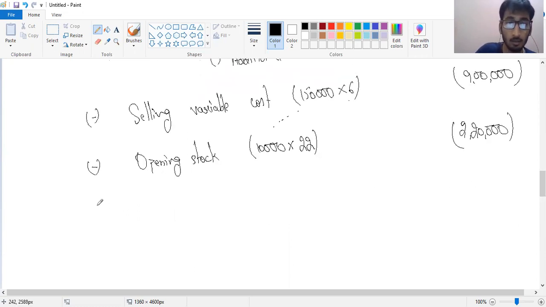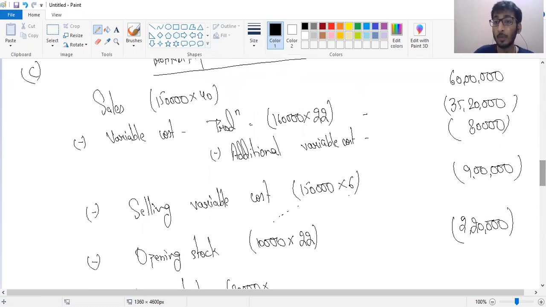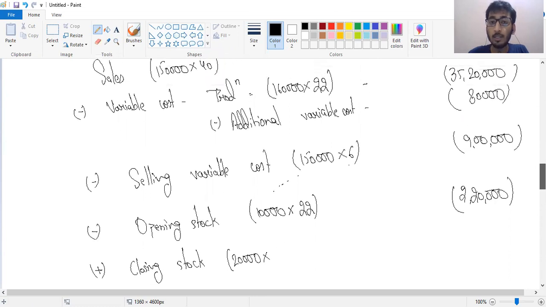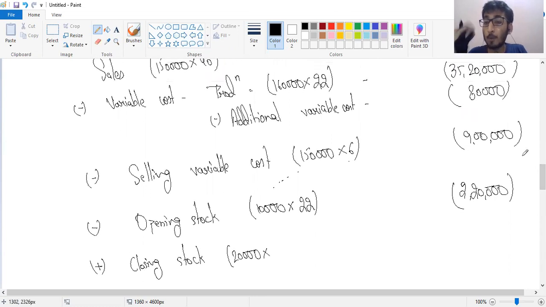And add the closing stock cost. Now the closing stock is 20,000. What would be the closing stock cost? See very carefully: the total production cost which we have incurred till date is 36 lakh.